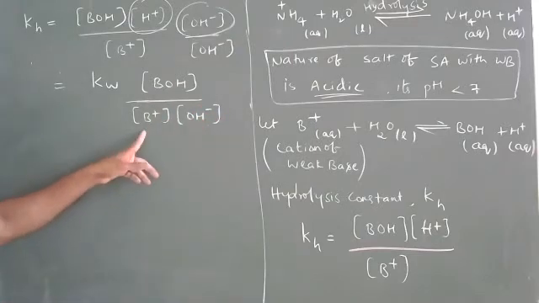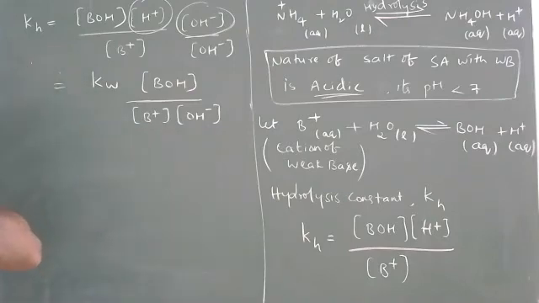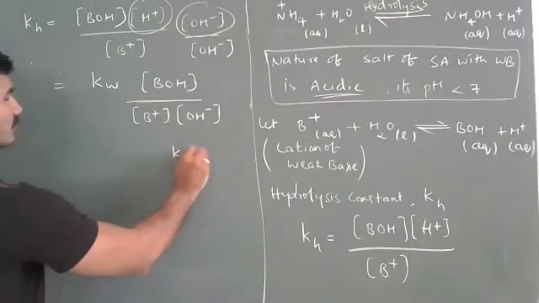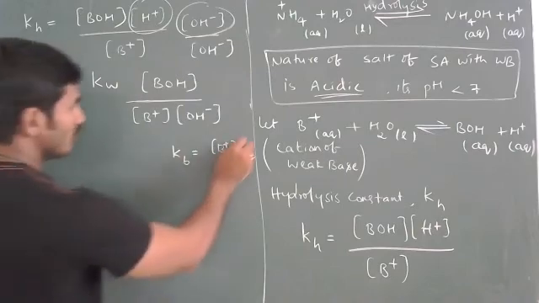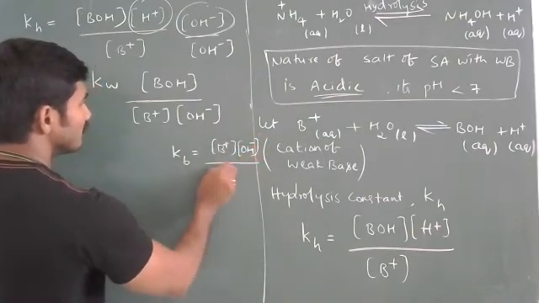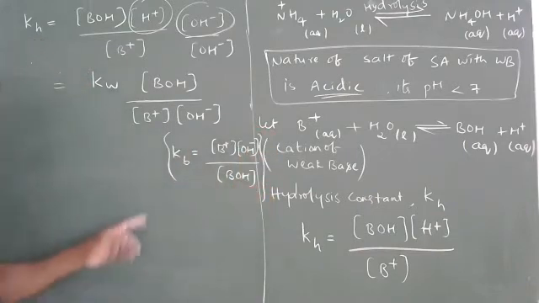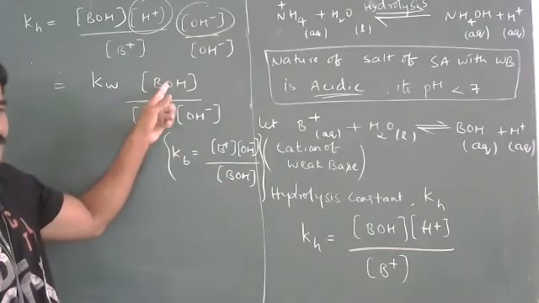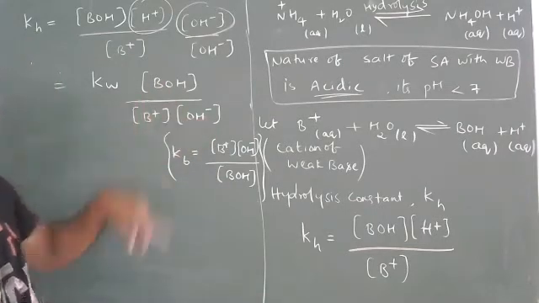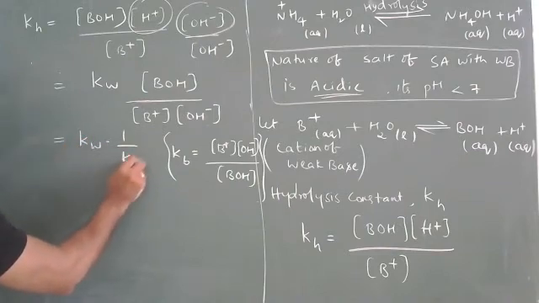What should I write for this value? Generally KB is equal to B plus into OH minus by BOH. This is the general KB expression. But here we have BOH by B plus into OH minus, so what should I write? KW into 1 by KB.